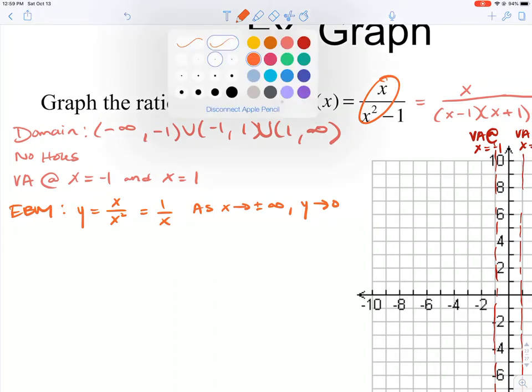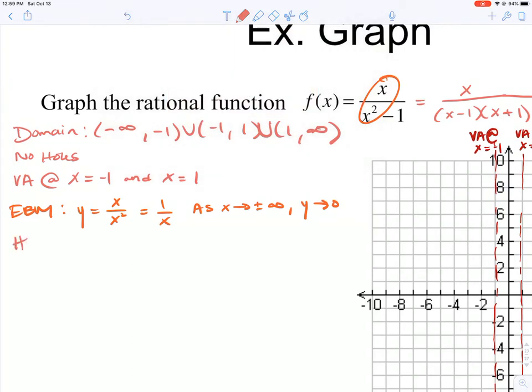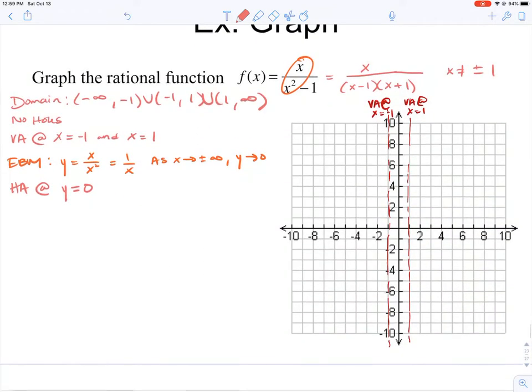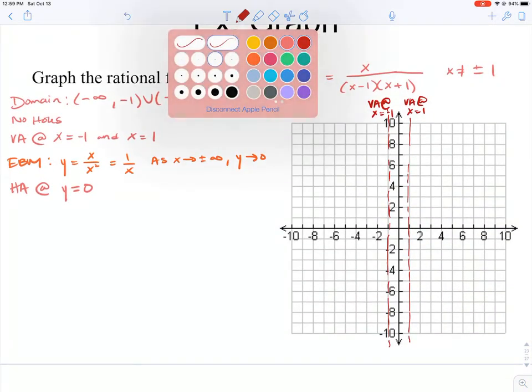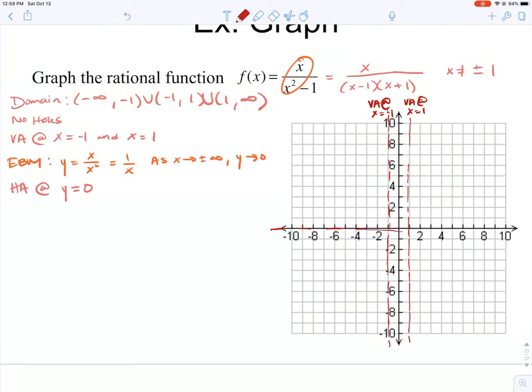So that tells us that f of x has a horizontal asymptote at y equals 0. The end behavior model is just like our side work. I'm going to sketch my horizontal asymptote, and label it.